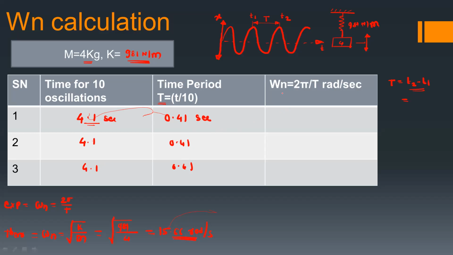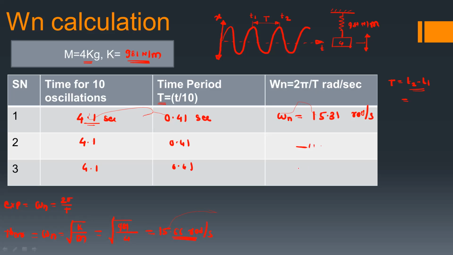Now calculate omega n, which is 2 pi upon T. So this time the natural frequency is 15.31 radian per second.